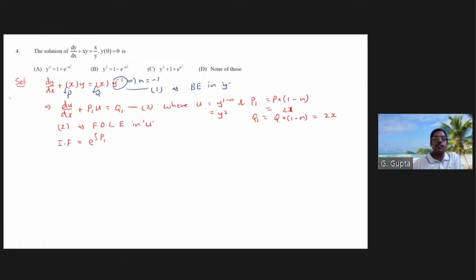Instead of p, your new function is p1. p1 is 2x, and integrating 2x with respect to x gives x square. So you will get e raised to x square. Therefore, the general solution, that is GS, of equation 2, the linear equation in u: u into IF, e to the power x square, is equal to the integral of q. Instead of q, you should consider q1, because the new function of q is q1.